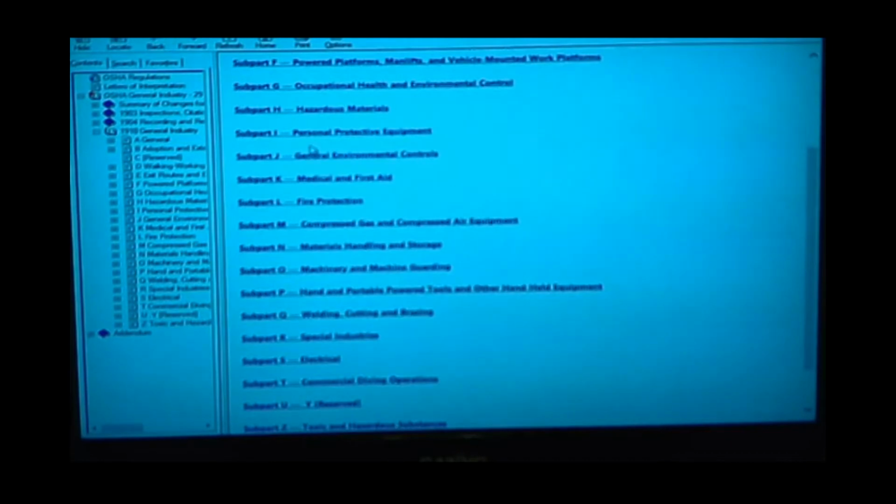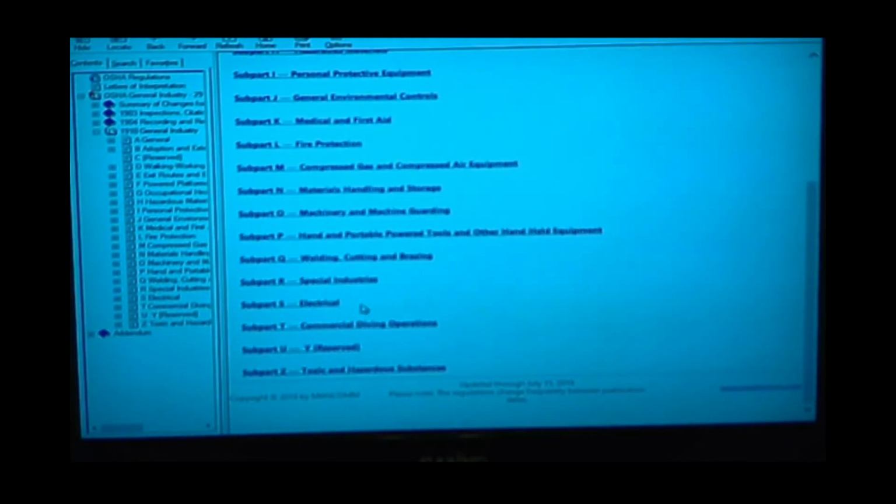General environmental controls, medical and first aid, fire protection, compressed gas and air, material handling, storage, machinery and guarding, hand and portable power tools, welding, cutting, brazing, special industries. This is where you find the rules for high voltage, generation, transmission, distribution.